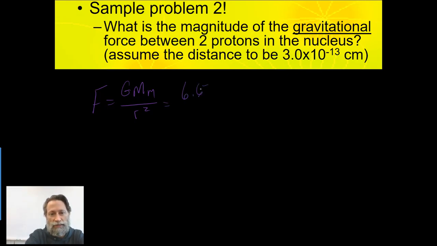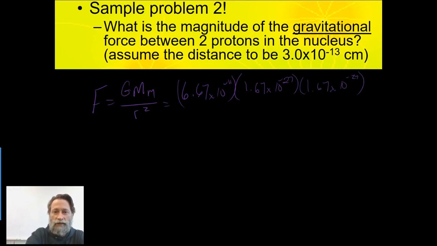So 6.67 times 10 to the negative 11 is the gravity constant. And then our mass is going to be 1.67 times 10 to the negative 27th times 1.67 times 10 to the negative 27th. And that's all going to be over, again, the distance of 3 times 10 to the negative 15th.